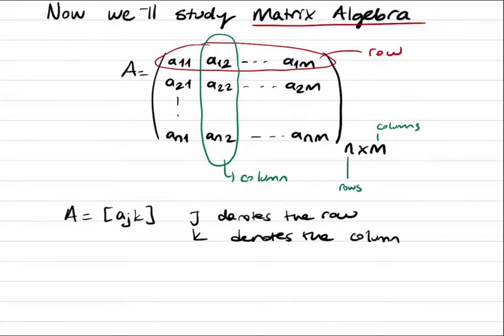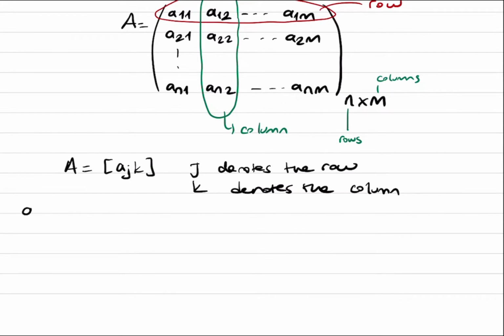All these a11, a12, up to anm, are called entries of the matrix.